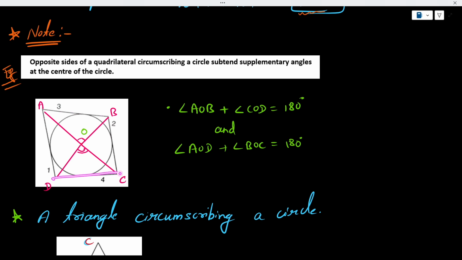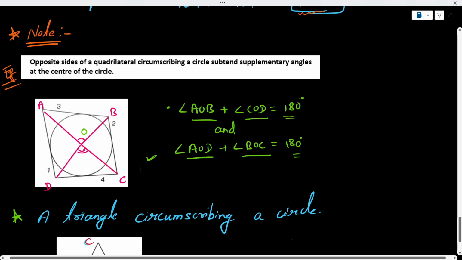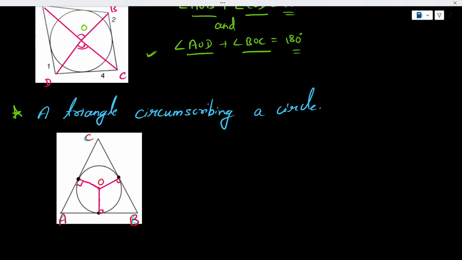AB and CD, right? AB subtends angle AOB at the center, and CD subtends angle COD at the center. The sum of these two angles is always 180 degrees. Similarly, for the opposite tangents, the angles subtended at the center are going to be supplementary.